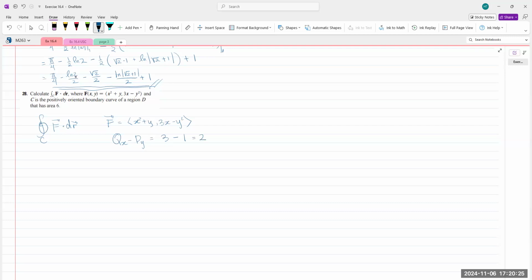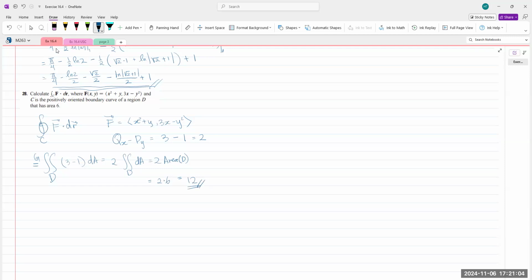C is the positively oriented boundary curve of region D that has area 6. Well, according to Green's theorem, this will be the double integral over D of Q sub x minus P sub y dA, which is 2 times the double integral over D of dA, but this is basically 2 times the area of D, which is given there to be 6, so that integral must be 12.